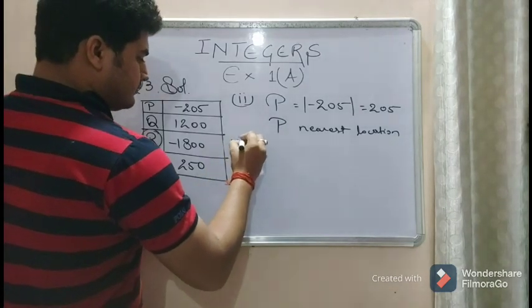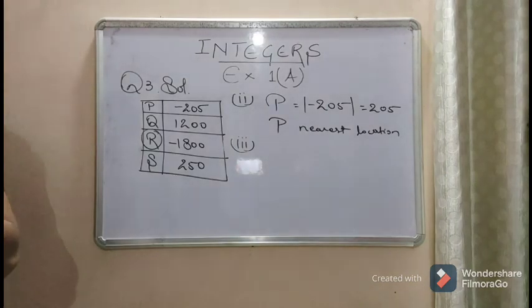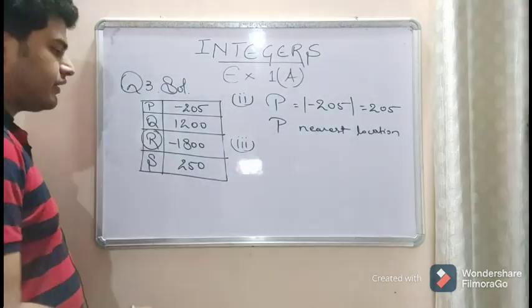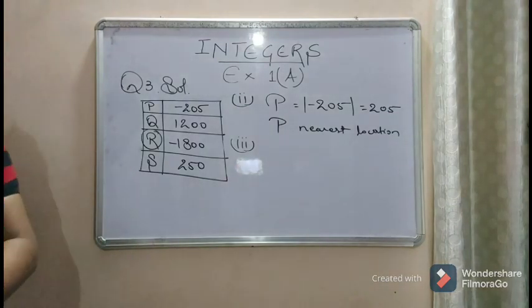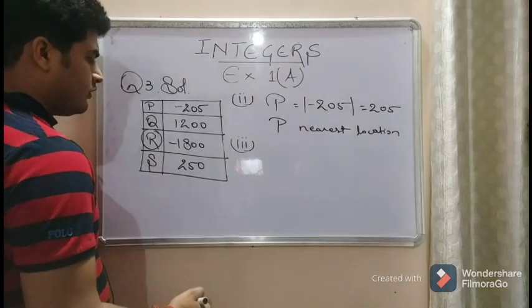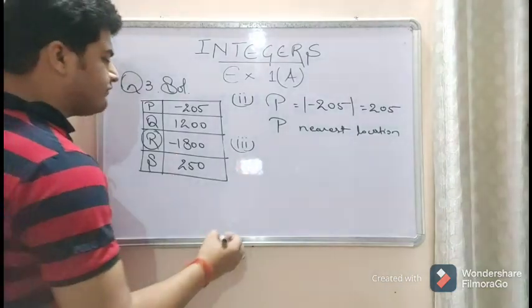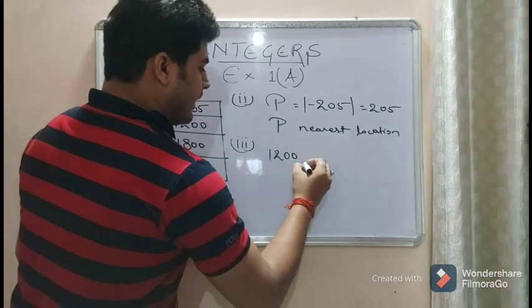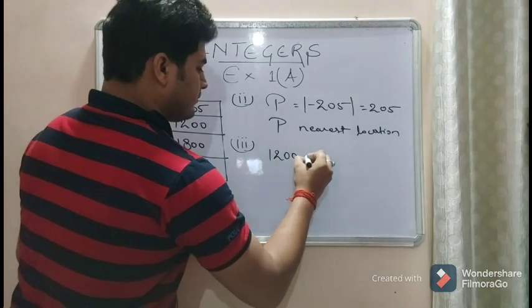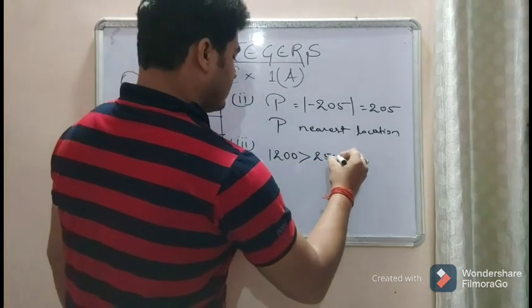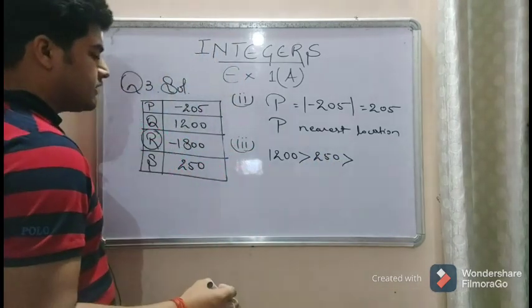Third part. In the third part you have to arrange them from the greatest elevation to the least elevation. So decreasing order. Among the positive values, the greatest value is 1200, then 250. Then come the negative values.